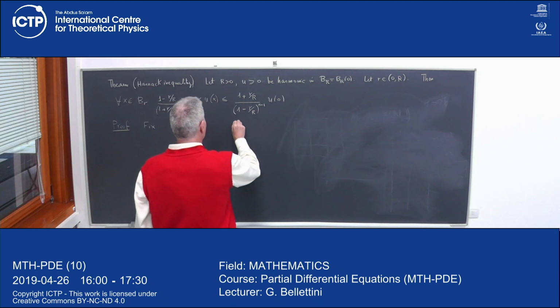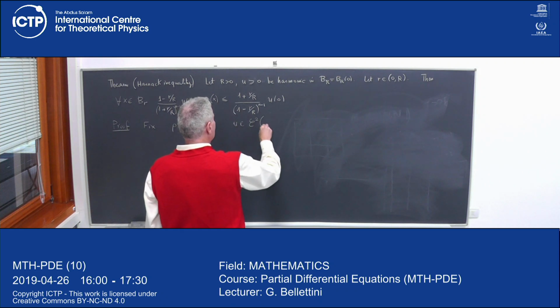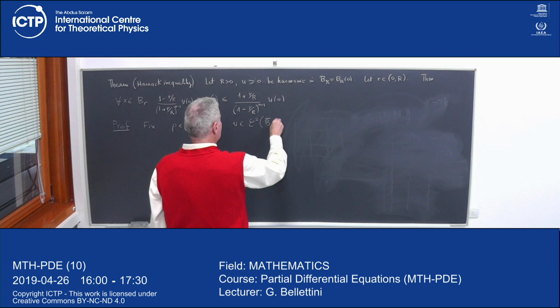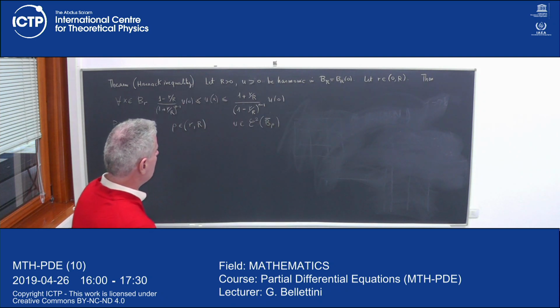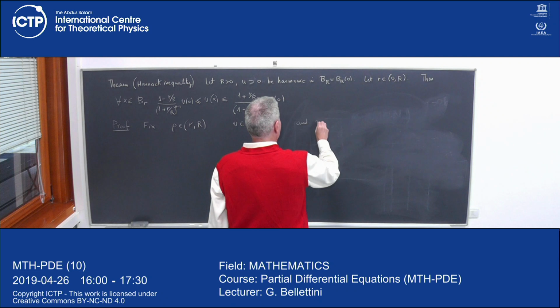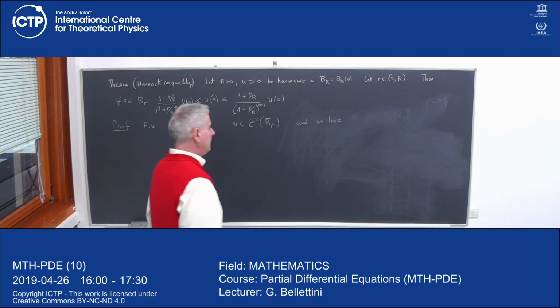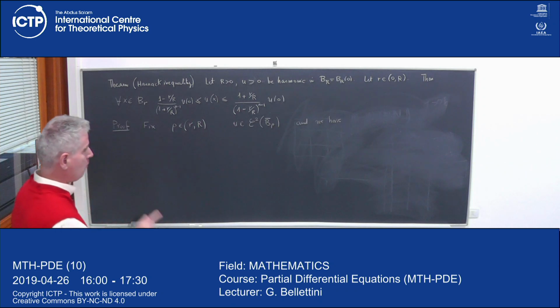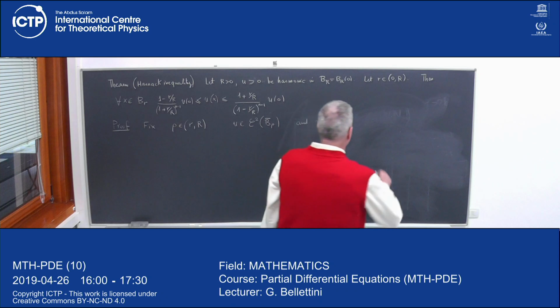So we have that U is in C2 of the ball, and hence we know the Poisson kernel.